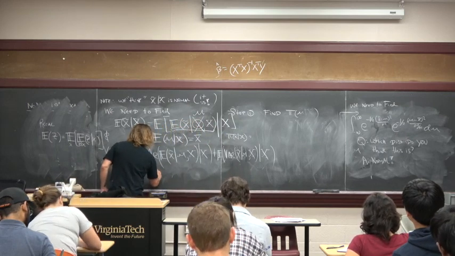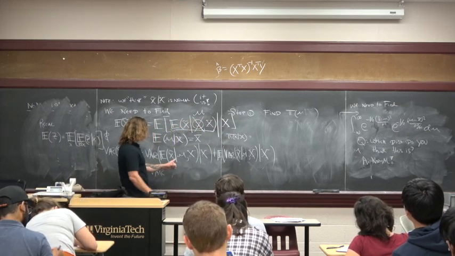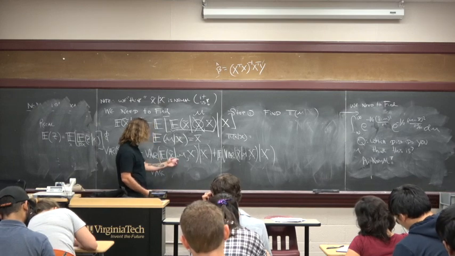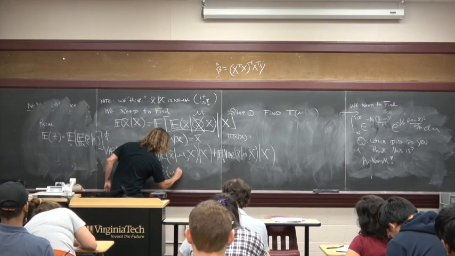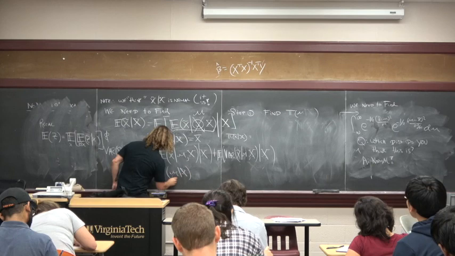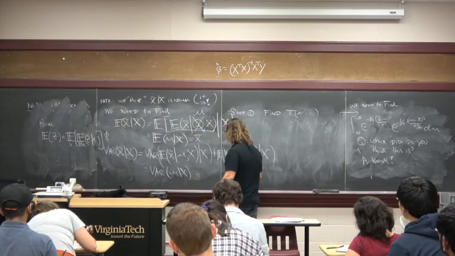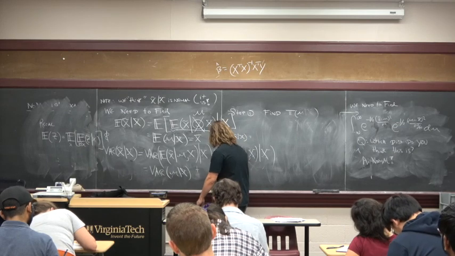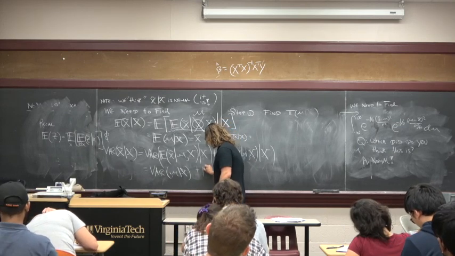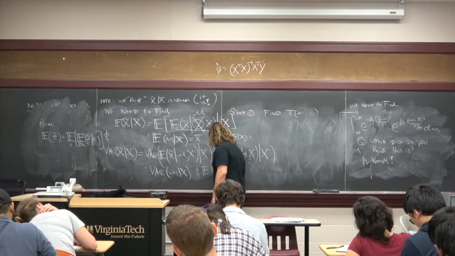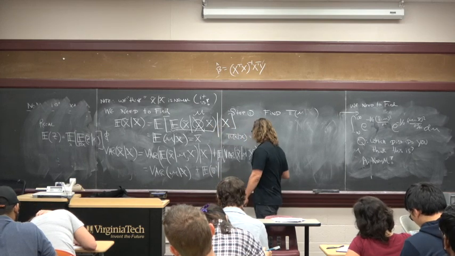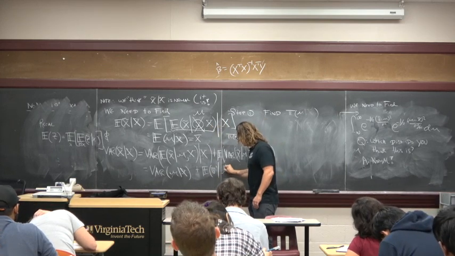This is the variance of x tilde given mu. Well, I know the expectation of that thing, that's mu, we just answered that. So this is the variance of mu given x plus the expectation of the variance, sigma squared, given x.